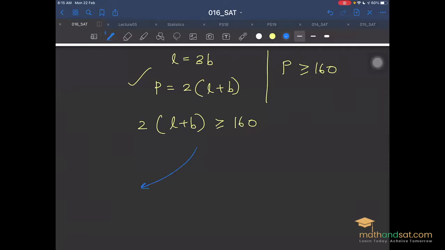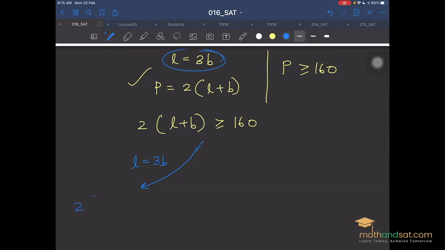Let's try to convert this into an inequality involving only L, and in the second way, an inequality involving only B. So first of all, let's replace L with 3B because L is given to be 3 times B.